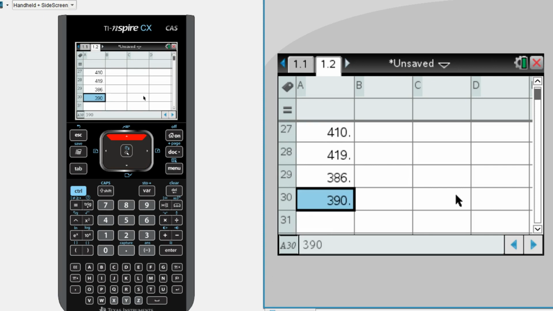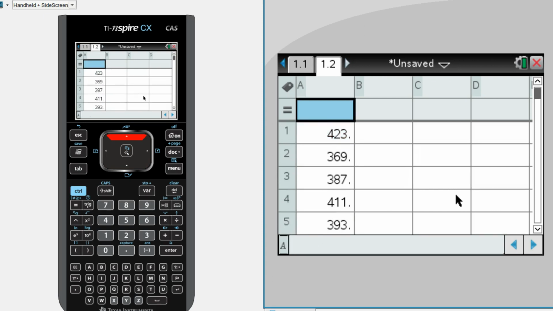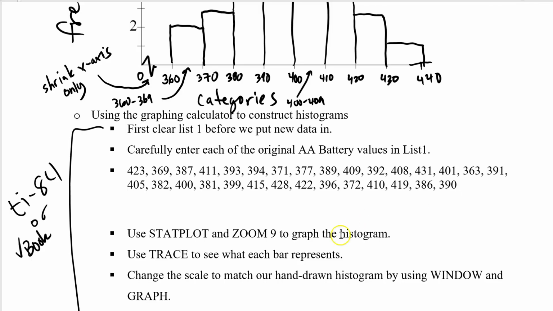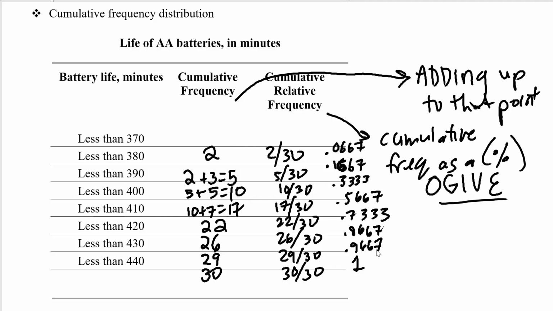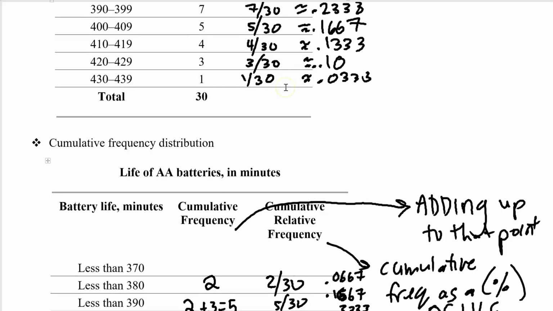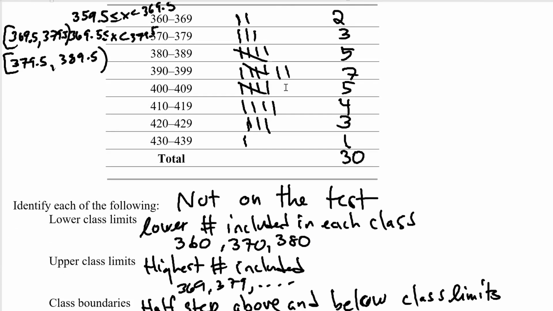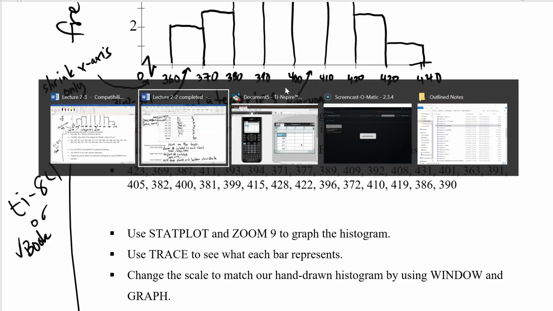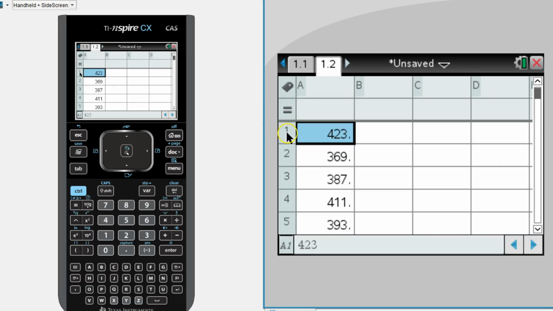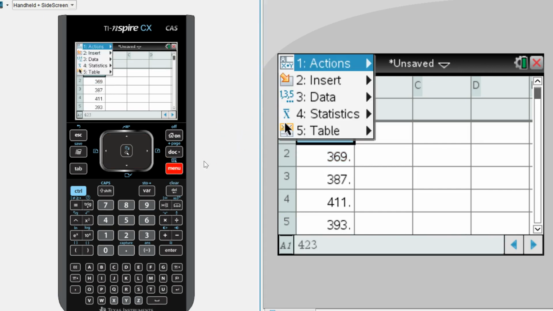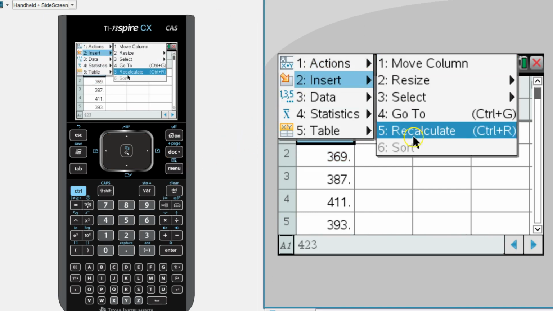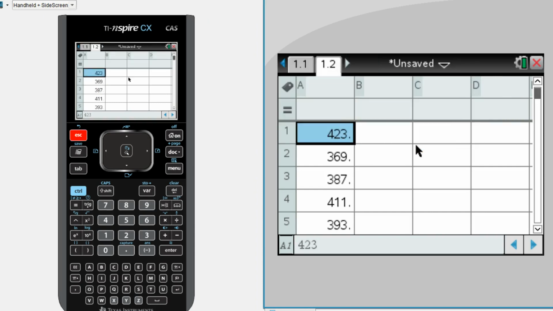Okay, so let's say I wanted to order this and do this by hand. I am not liking this whole mark them off and count that, right? So we talked about we could put all these numbers in order. Let's review that. To do that, I need to not be on a number. If I go Menu, Actions, Sort is not highlighted because I'm currently on one number.